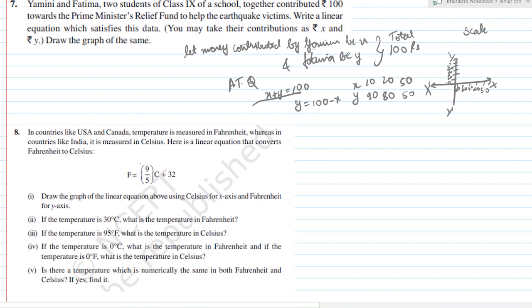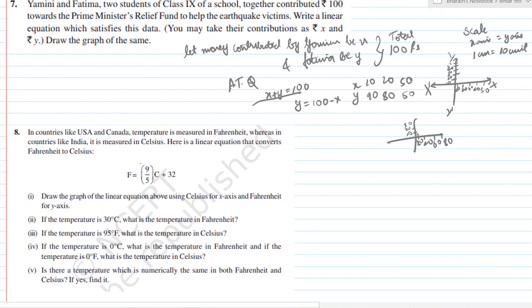Like here in both the cases, 20 minus 10 and 20 minus 10, 10 only, right? So it's like x-axis is equal to y-axis. So 1 centimeter is equal to 10 units. Because from 0 to 1 centimeter, you are taking 10 units, and from 1 centimeter to 2 centimeter, you are taking another 10 units. But what if, while drawing a graph, you are taking 10, 20, 30 here, and here you are taking 20, 40, 60, 80.